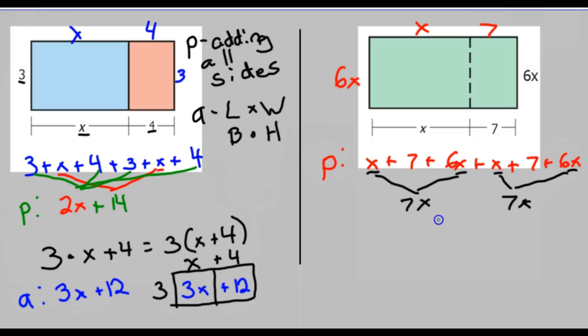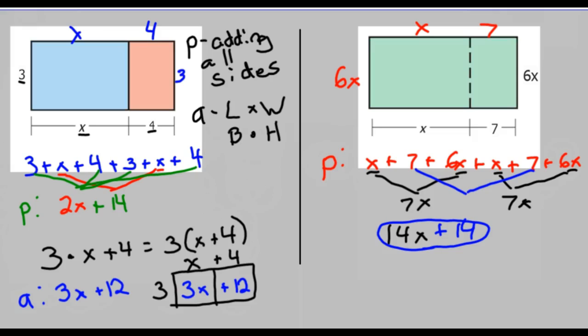If we add those two together, we get 14x. Our other like terms are these 7's. 7 plus 7 is going to give us 14. So our perimeter is 14x plus 14.